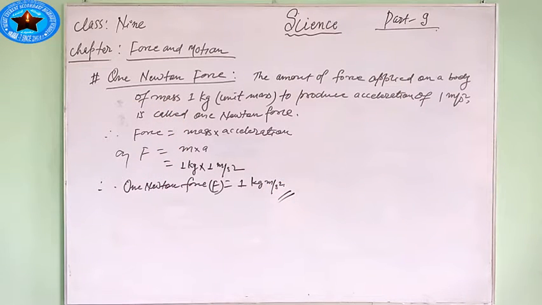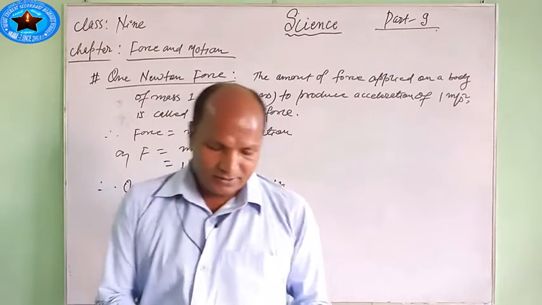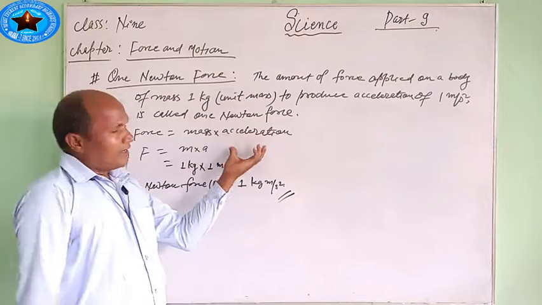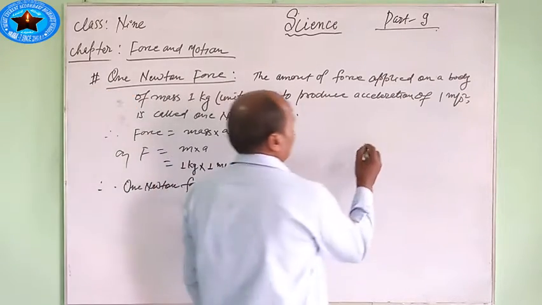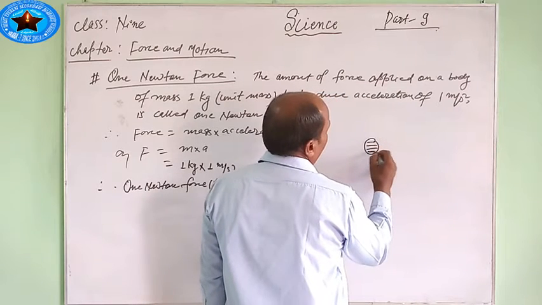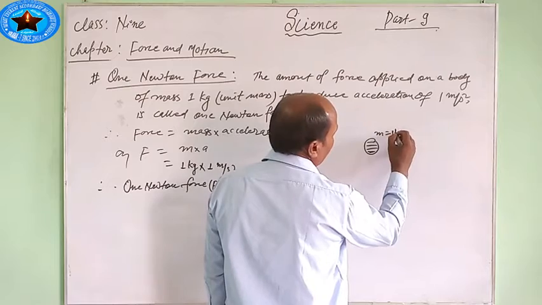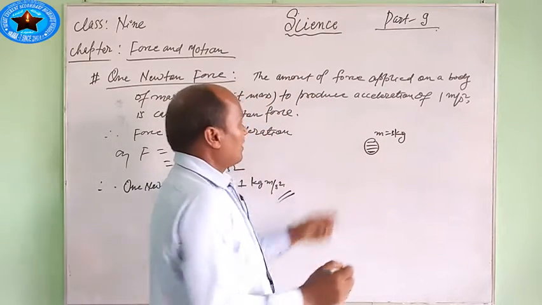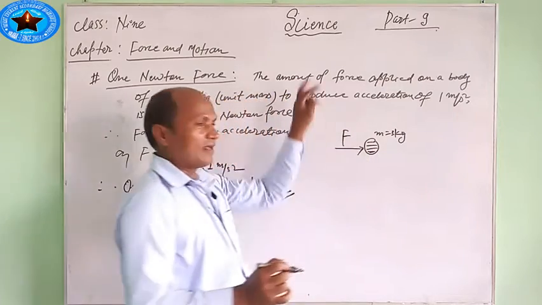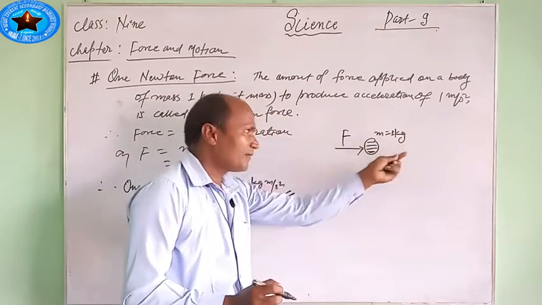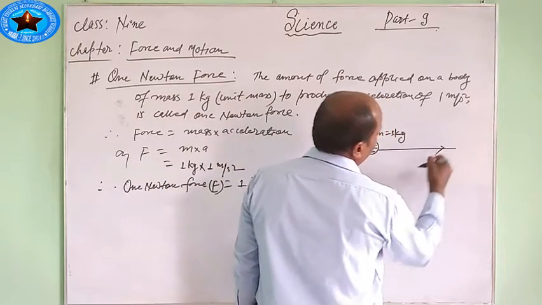This is about the 1 Newton force. This is also very simple. You can really understand this matter. You can illustrate this: if we have a body with mass m equal to 1 kg, and force is applied on this body of unit mass, it accelerates, meaning it moves and produces acceleration.